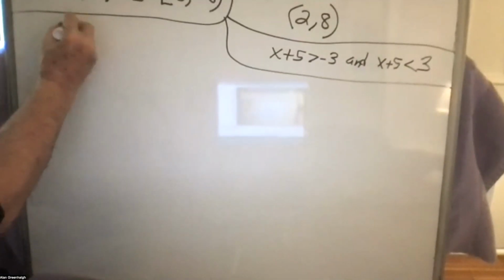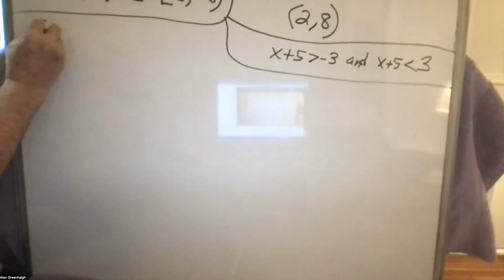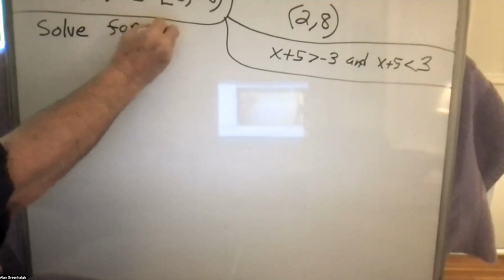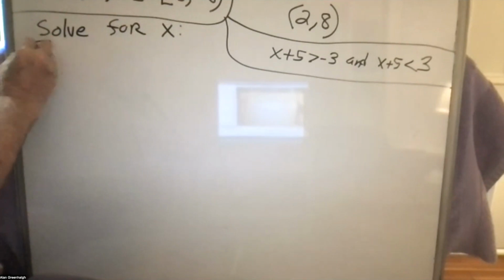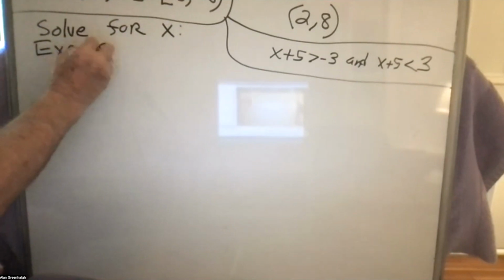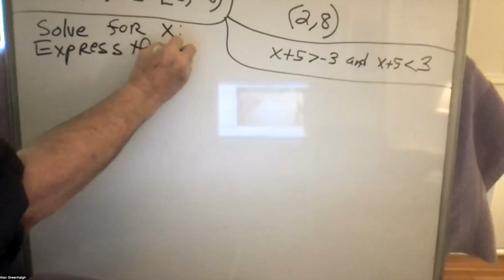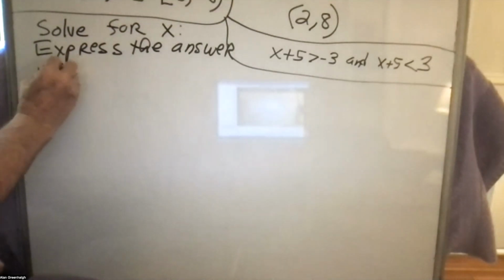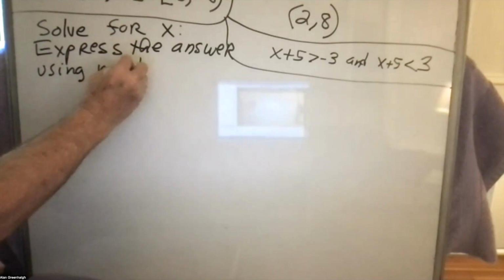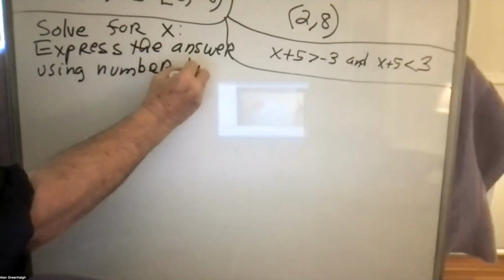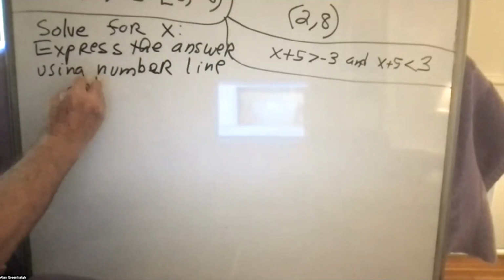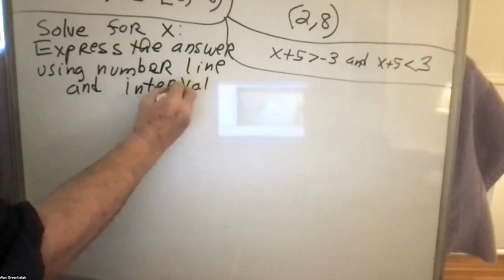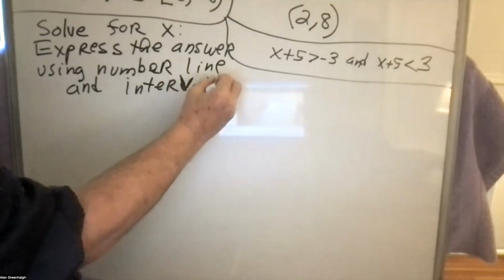So the instructions would be: solve for X, express the answer using a number line and interval notation.